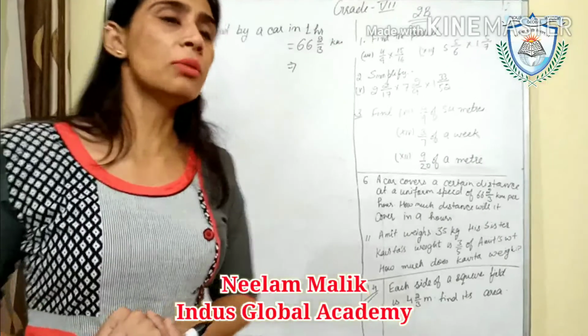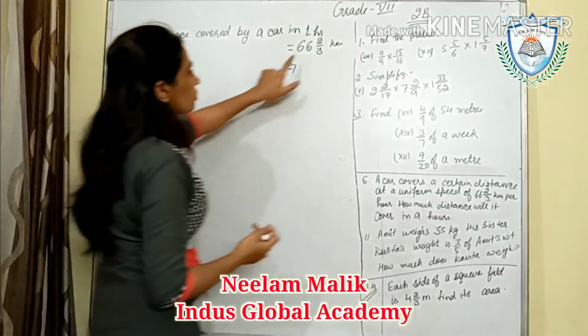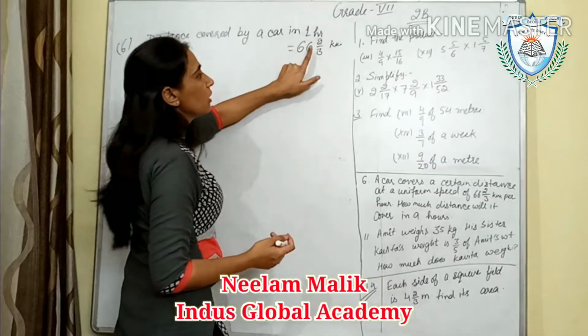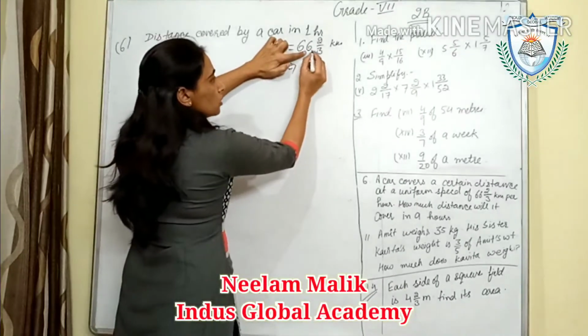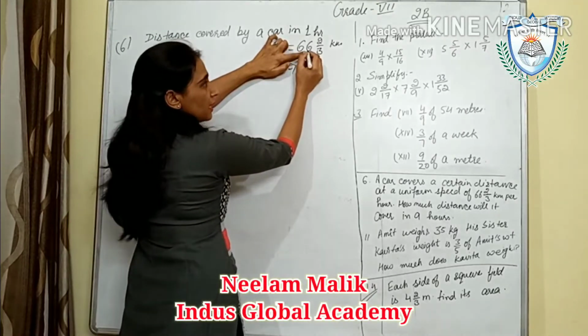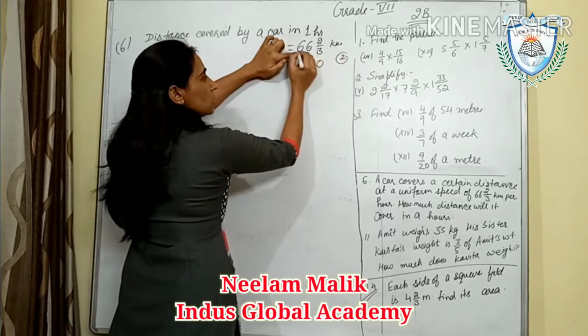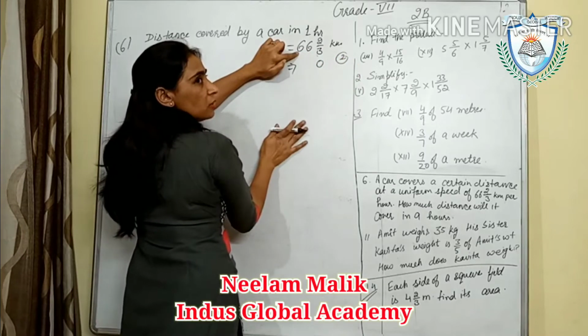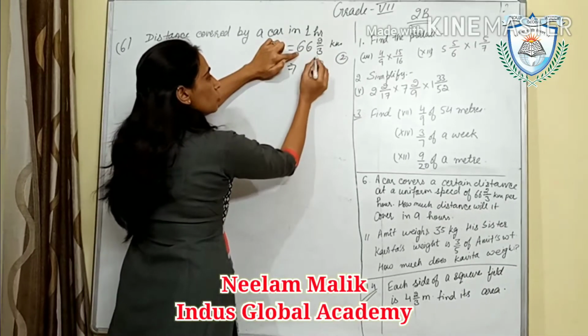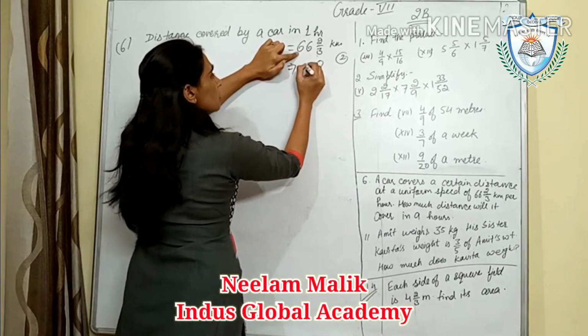Convert this into improper. Okay. So first you will multiply these and then you will add 2 in that. So 3 6s are 18. It will be added with 2. You will get here 20.